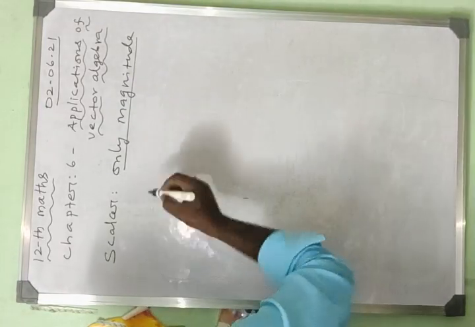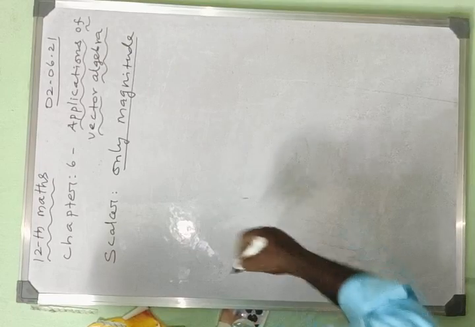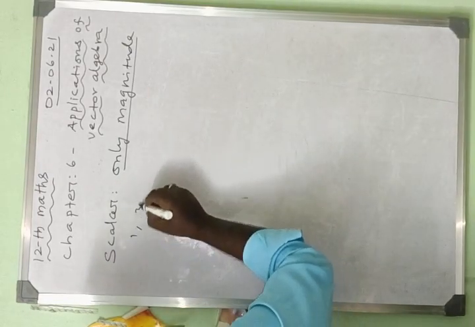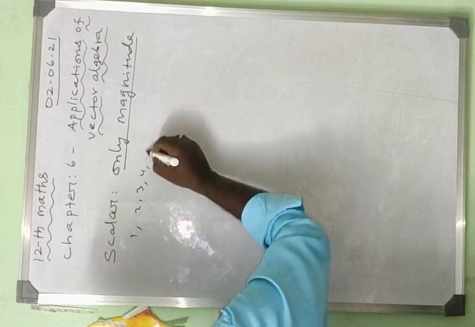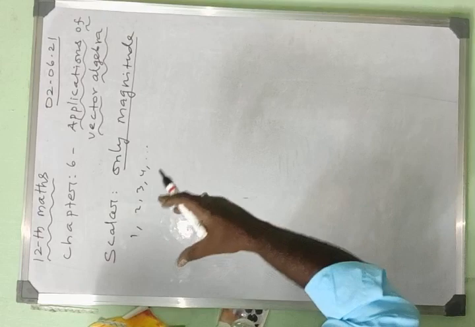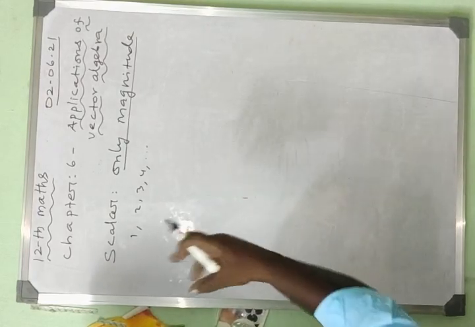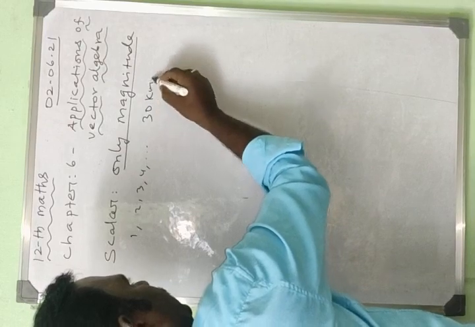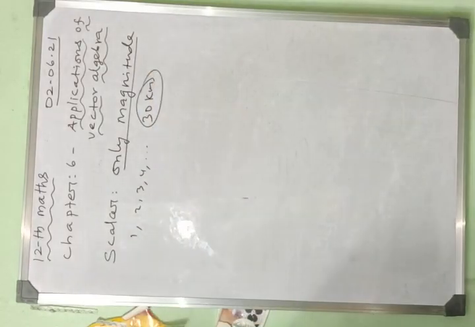For example, natural numbers, whole numbers, the numbers are scalar. So 1, 2, 3, 4, like this. This is scalar, for example. Then distance 30 kilometer, 20 kilometer, like this. This is also scalar.